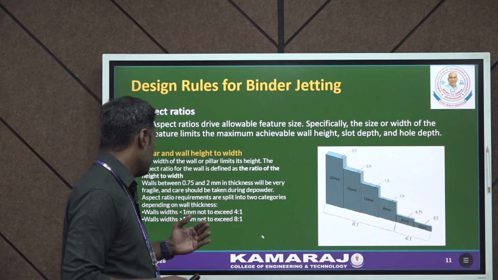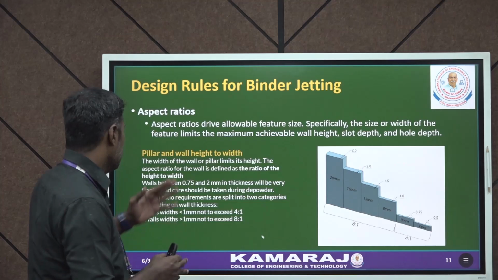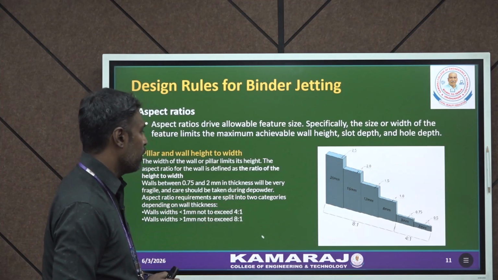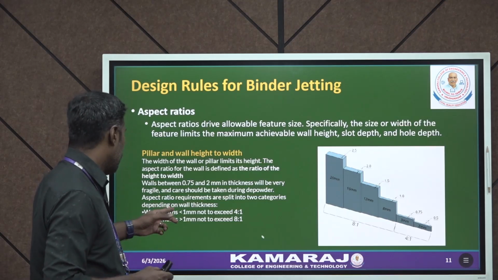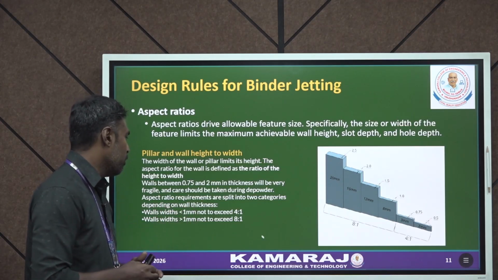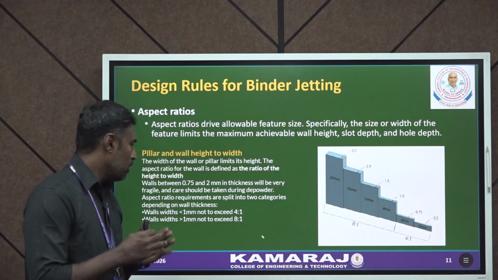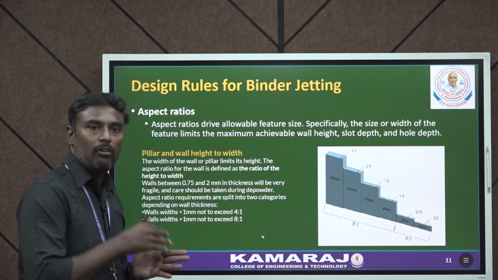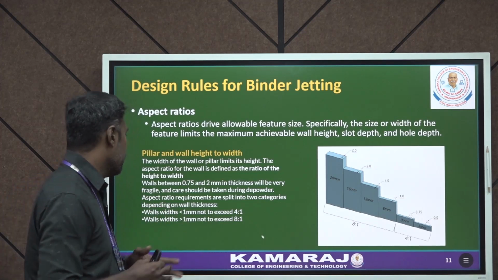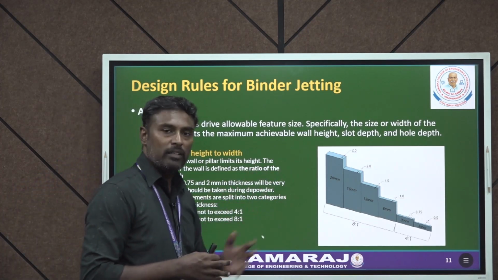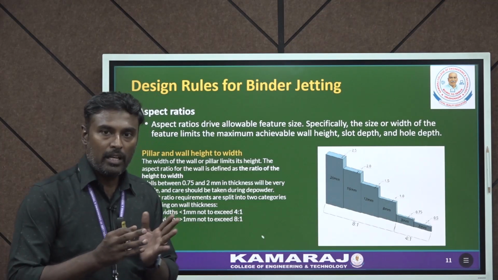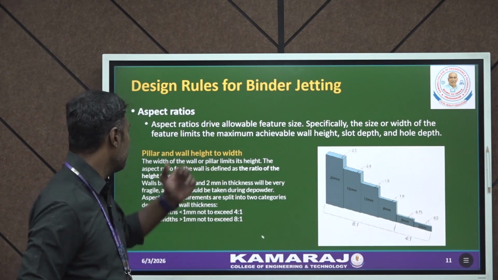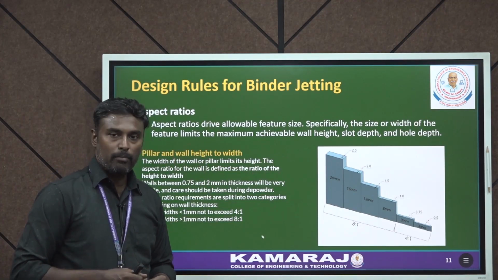At the same time the width should be maintained with a minimum of 0.5 mm. If the wall width is less than 1 mm, it should not exceed a 4:1 ratio. If the wall width is greater than 1 mm, a ratio of more than 8:1 leads to failures. So we have to maintain the proper width and height to get a properly defined build.